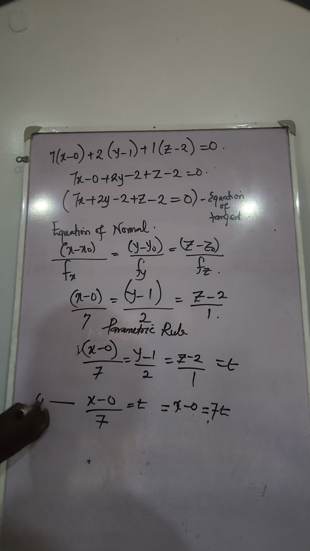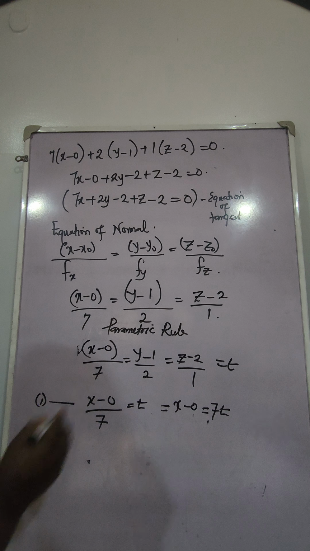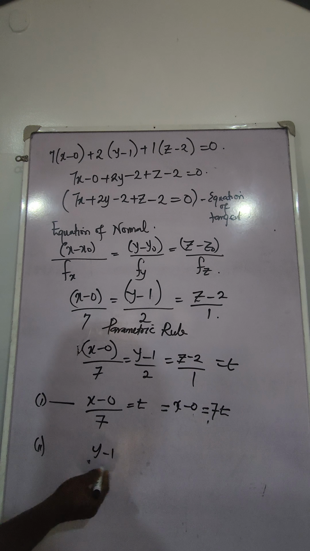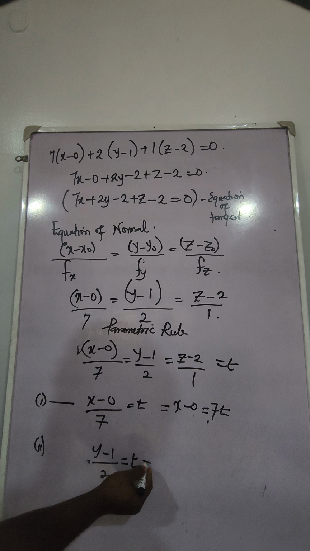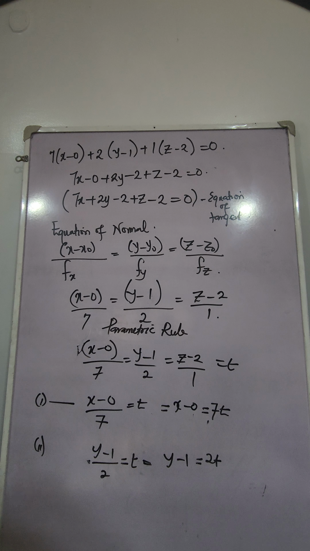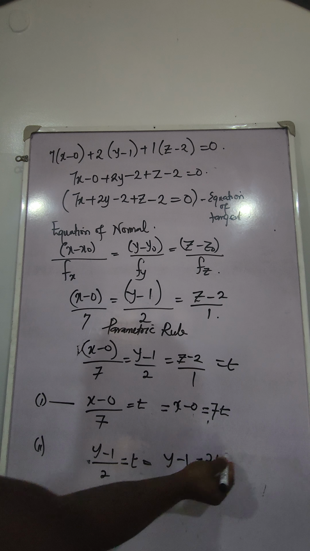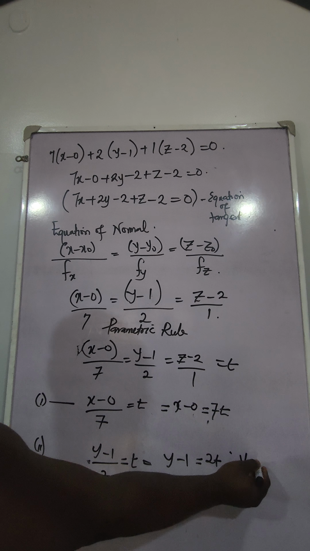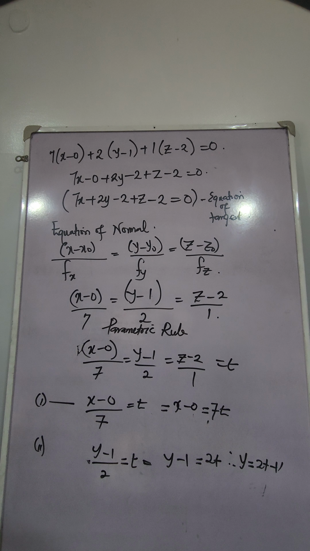That's for equation 1. Equation 2, we're going to have y minus 1 over 2 equals t. So you're having y minus 1 equals 2t. So you can say that y equals 2t plus 1.